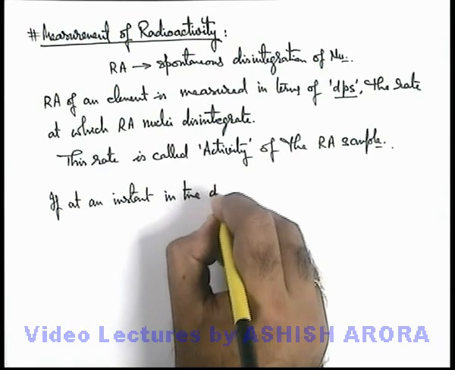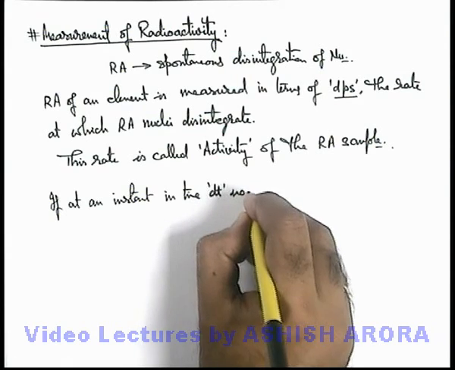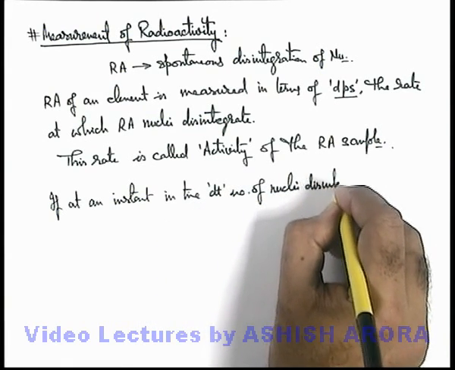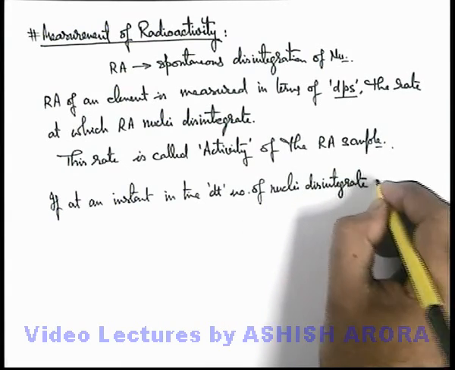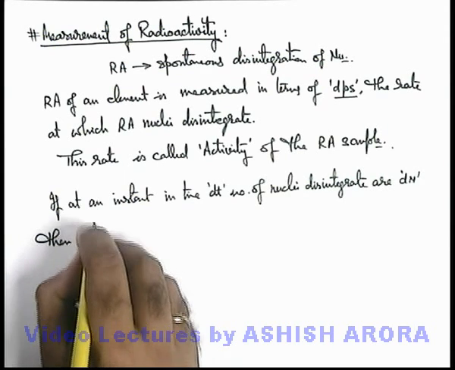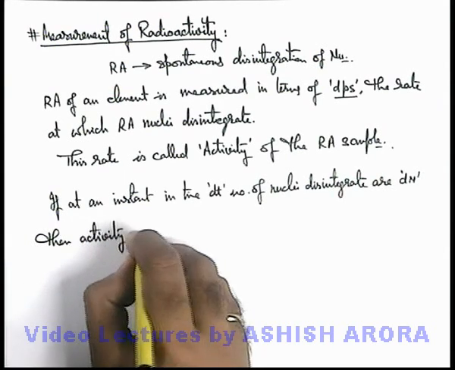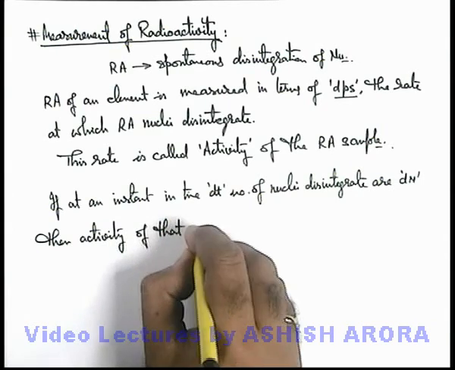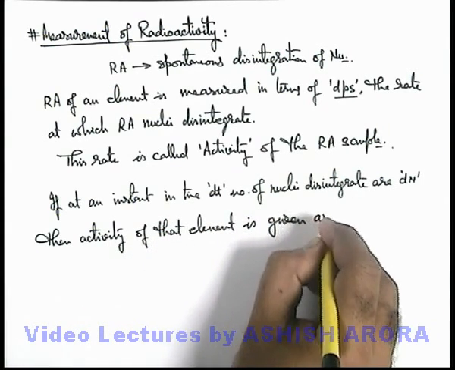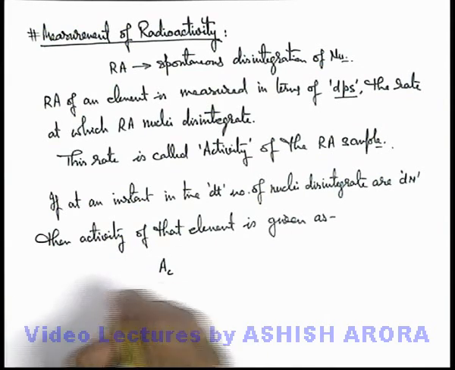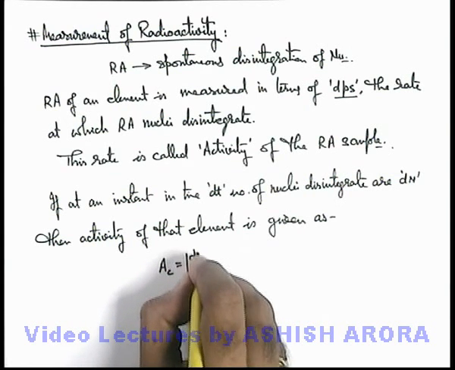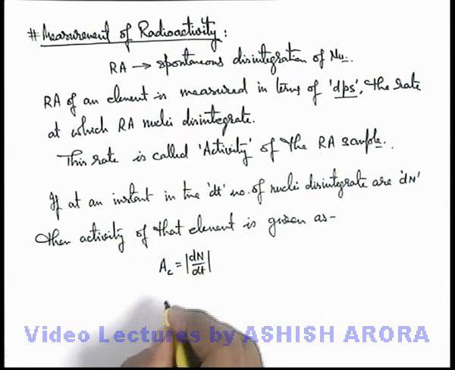Like, at an instant, in an elemental time duration dt, the number of nuclei that disintegrate is dN, then the activity of that element is written as A, or with a subscript, activity, it is written as mod of dN by dt at that instant.